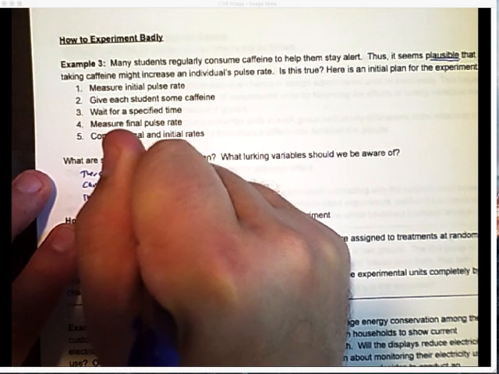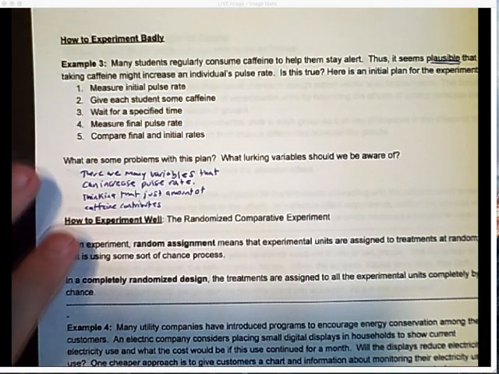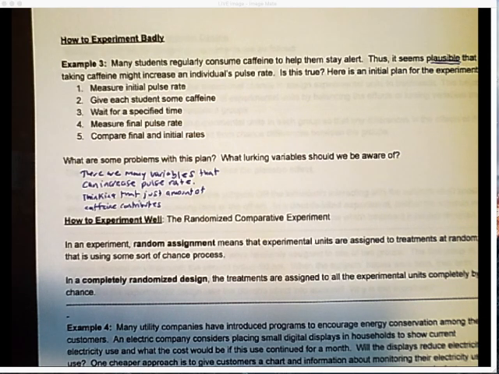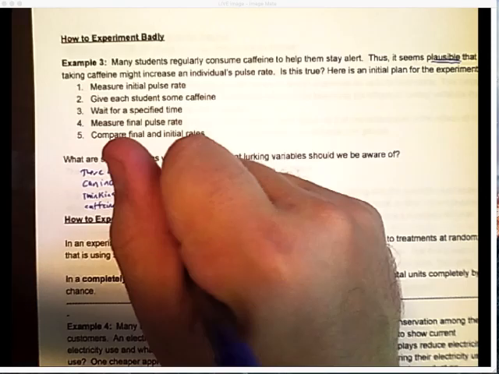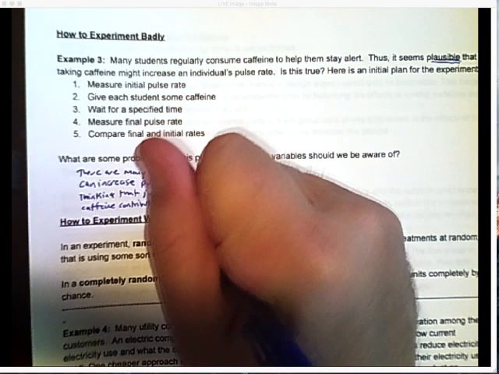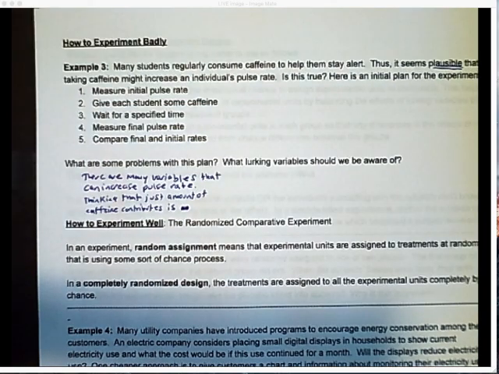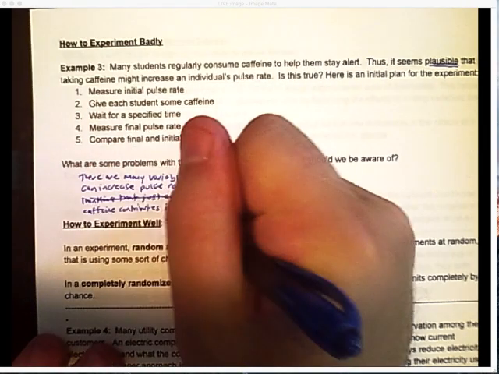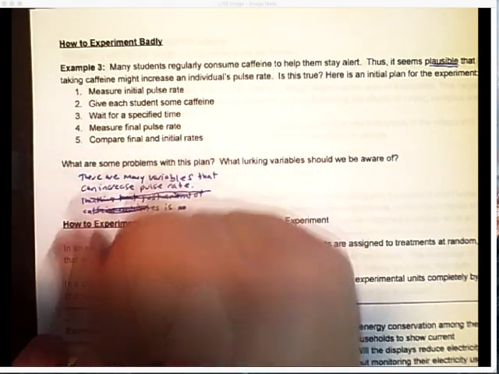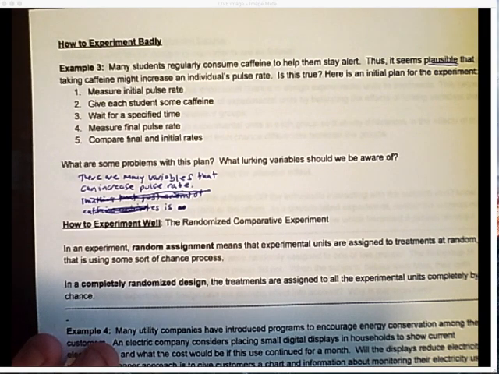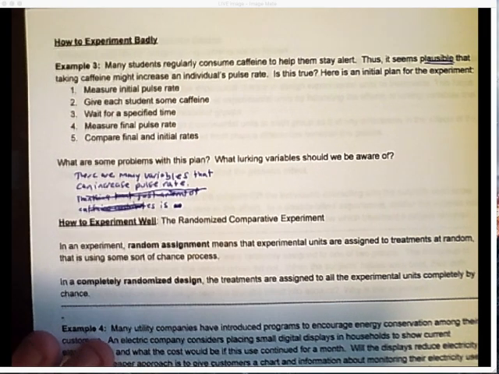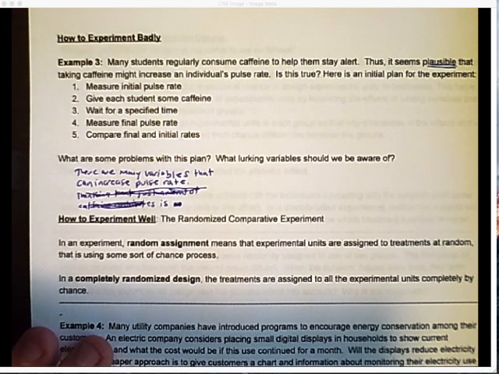All right. So I'm thinking a lot of things can increase my pulse rate. There are many variables that can increase pulse rate. More than just caffeine affects pulse rate. What lurking variables, what other things can we think of that can cause increases to pulse rate besides caffeine?